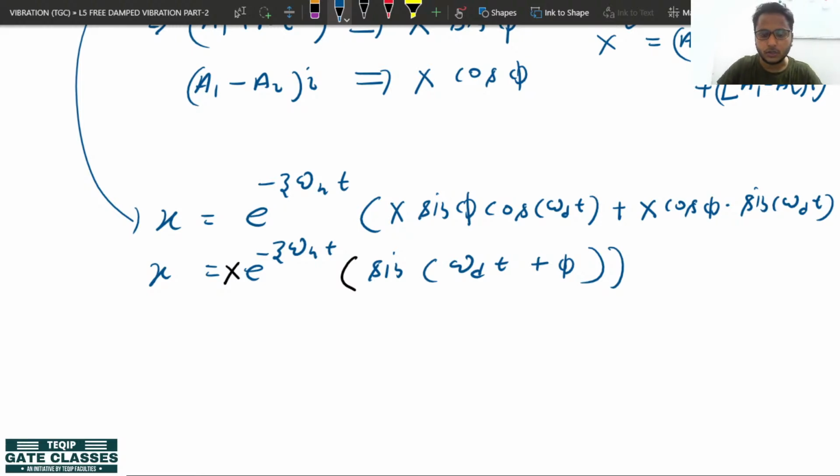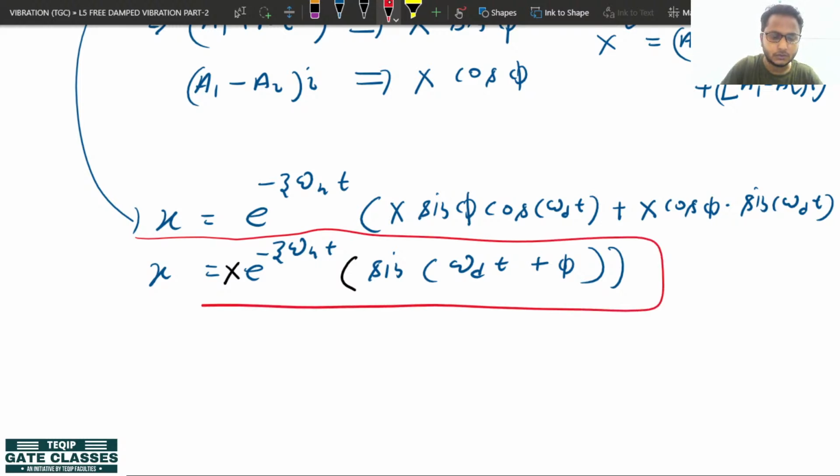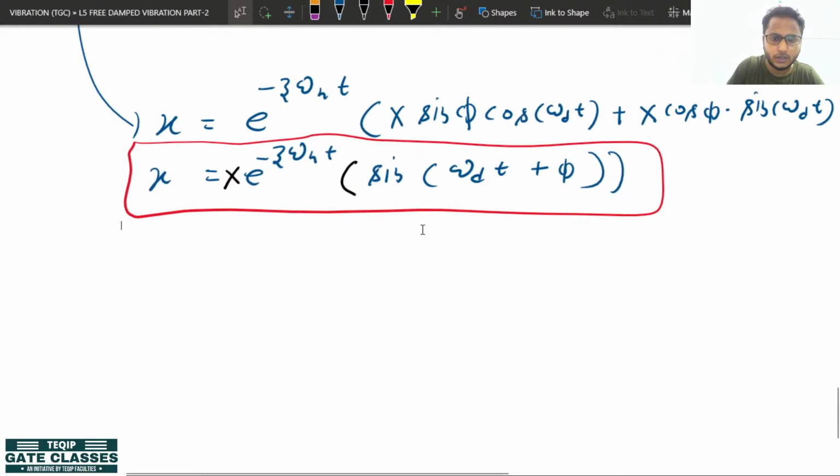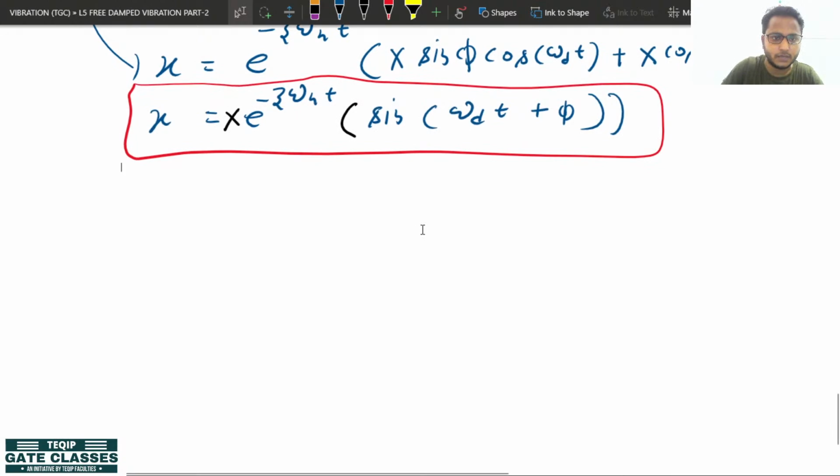It is okay to all. Okay, fine. So now we have the equation to analyze under damped system. Now we are going to see what will happen if we have this type of equation.